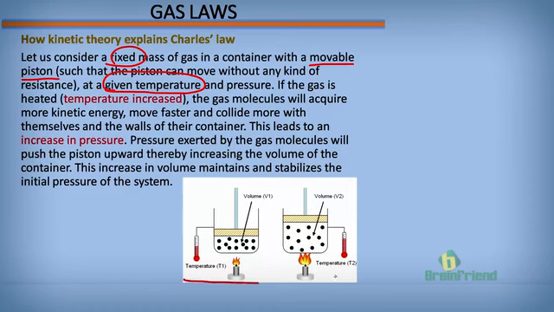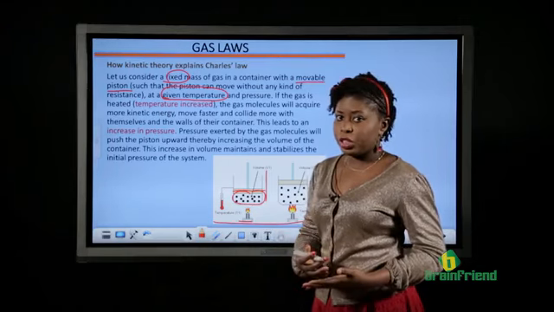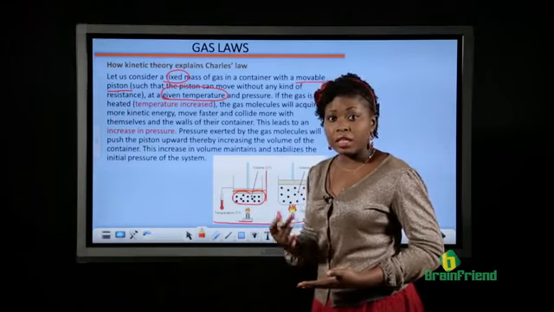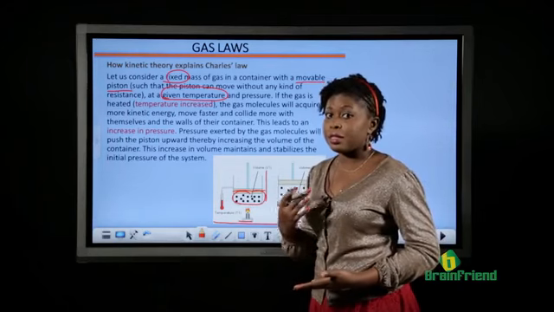Let's look at this image where we have this container with a movable piston, and we have a certain number of gas molecules in this container, and heat is applied. When heat is applied, it means that temperature has increased. The temperature of the system has increased.